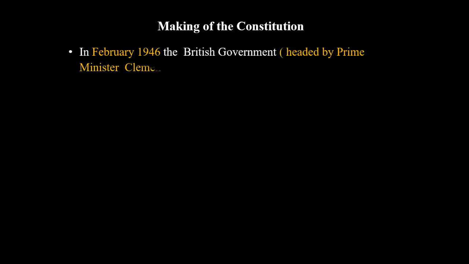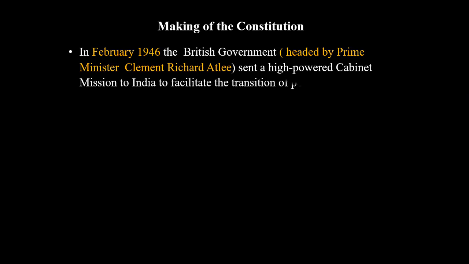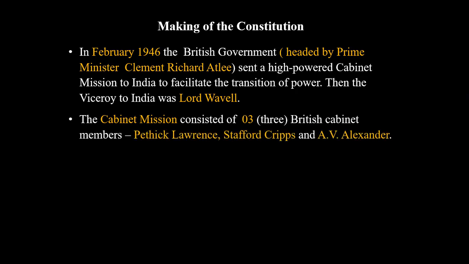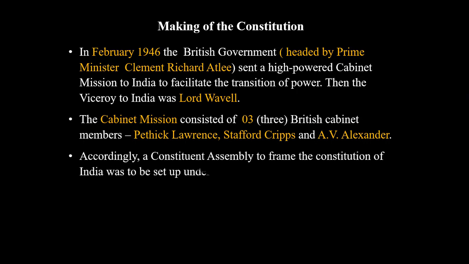So the British government sent a cabinet mission in 1946 to facilitate the transition of power from the British to Indian leadership. The three-member cabinet mission was headed by Lord Pethick Lawrence, who was then the Secretary of State for India, and the other two members were Sir Stafford Cripps and A.V. Alexander. Accordingly, a constituent assembly to frame the Constitution of India was to be set up under the cabinet mission plan.